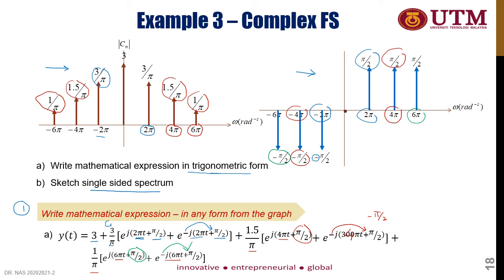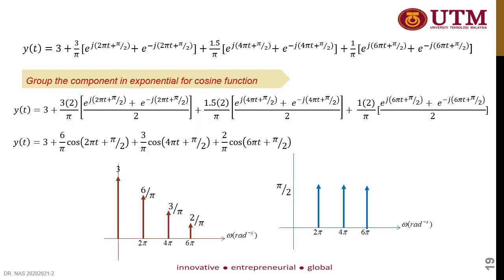So you already have the exponential Fourier series in hand. From this exponential Fourier series, you can convert the equation into trigonometric form. From the previous slide, this is the complex exponential Fourier series, and you can convert this exponential into a sine or cosine function.